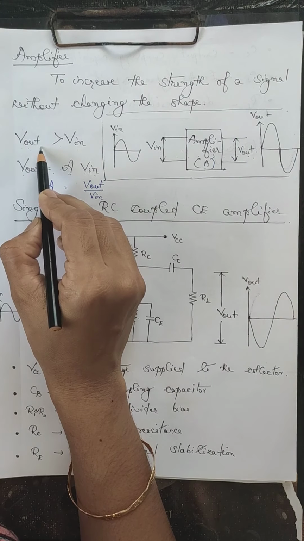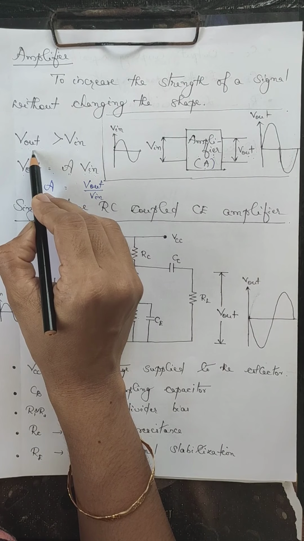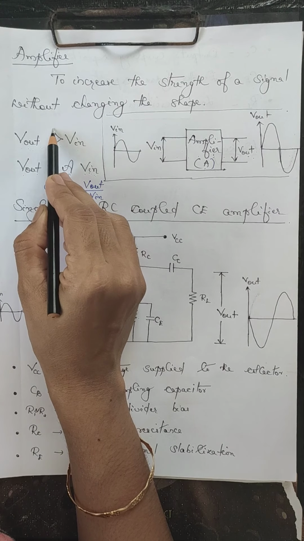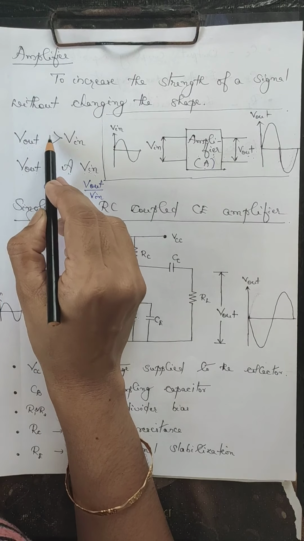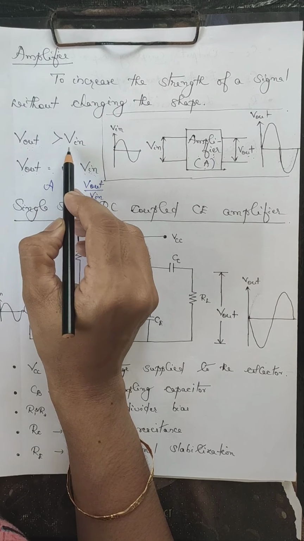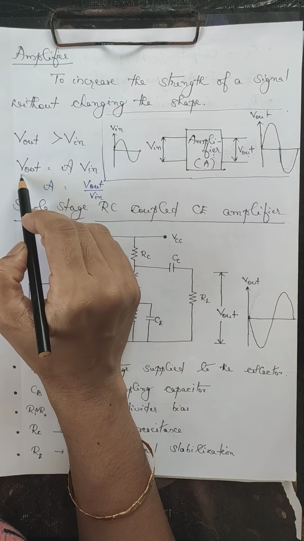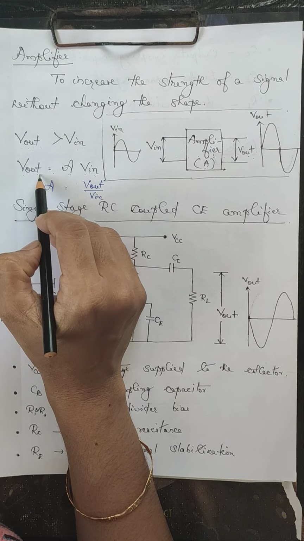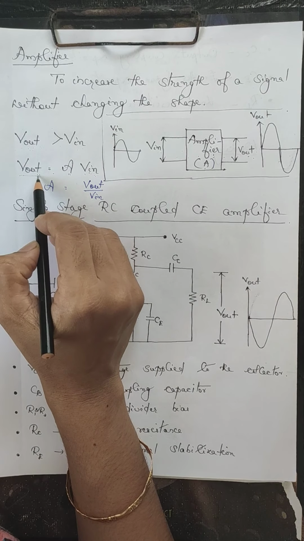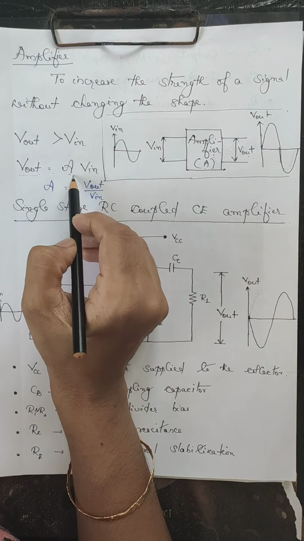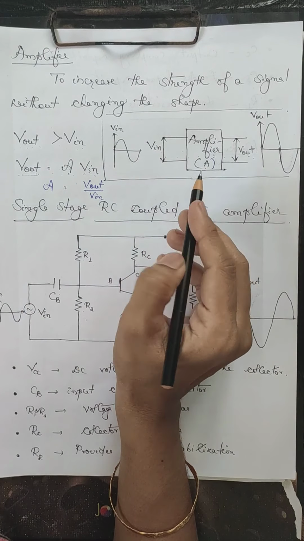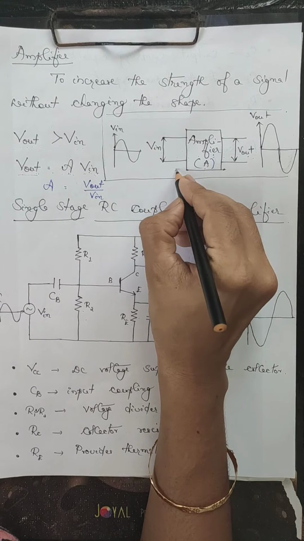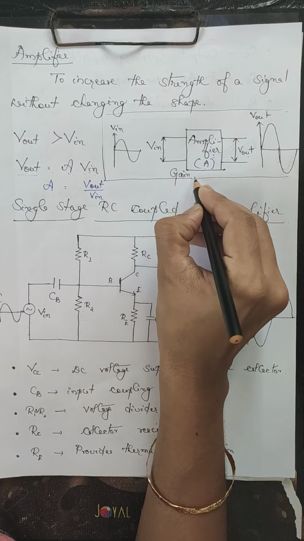So for an amplifier, if we are considering a voltage amplifier, its output voltage will always be greater than the input voltage. So we can write the expression for the output voltage as V out is equal to A into V in, where A is the gain of the amplifier.